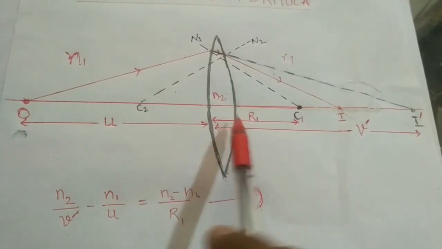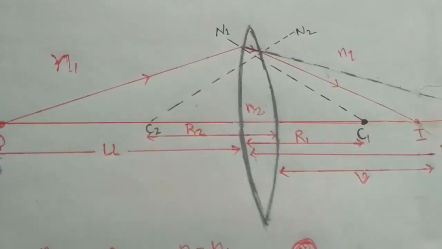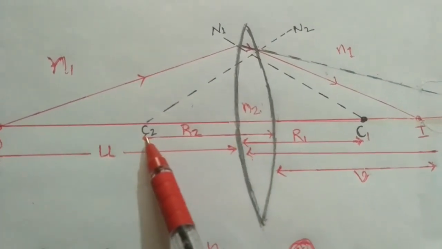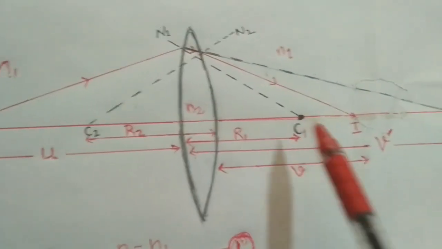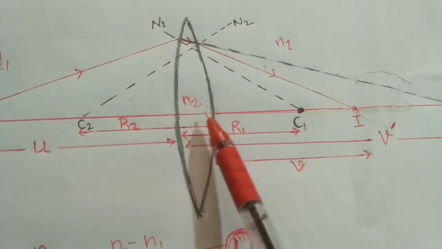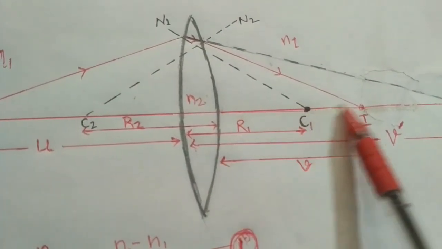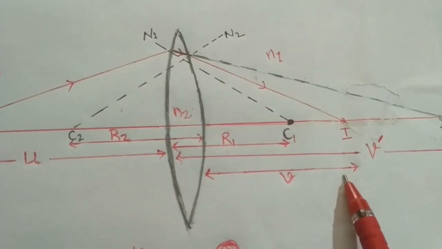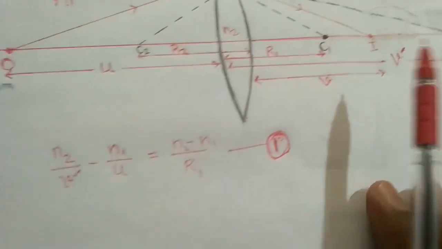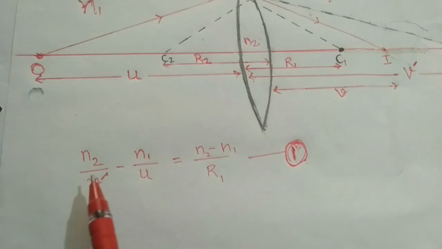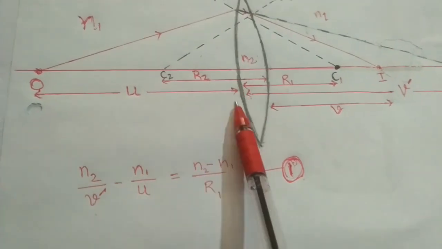So I have written here the center of curvature for this one from here to here, and this is the final image due to this surface. So distance will be measured from this point to this point. So this is the final V. This was V dash. So we have written this equation using the first surface.